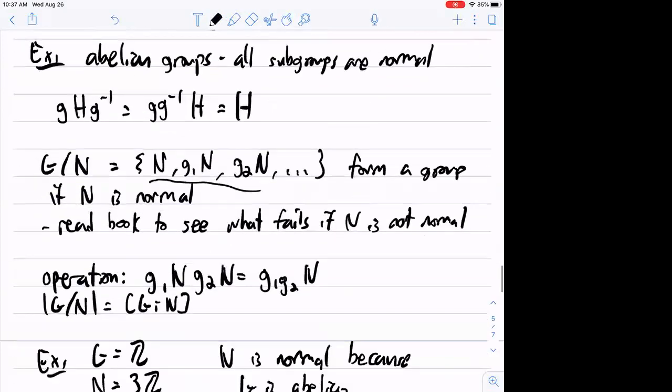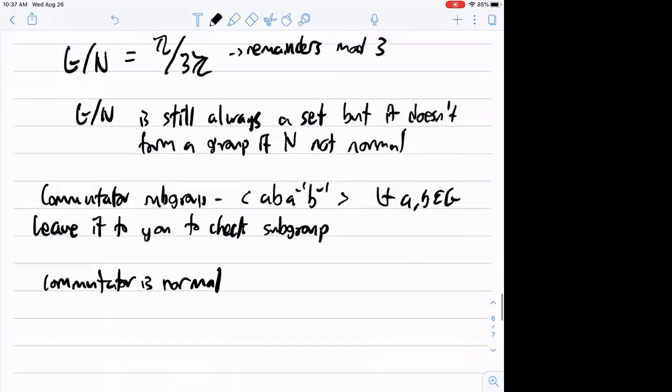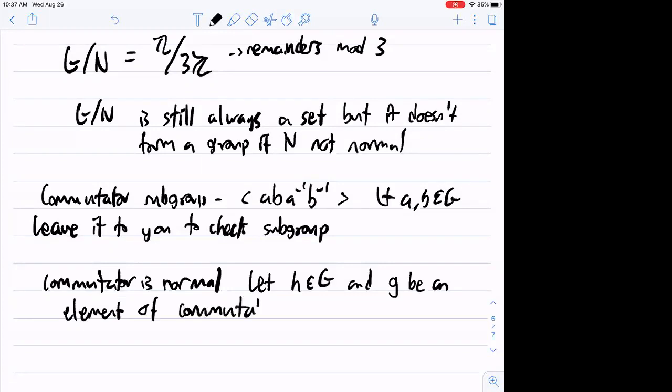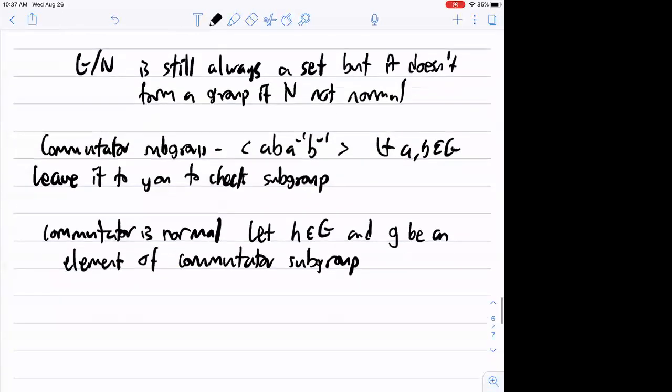Let g be in G, and let h be an element of the commutator subgroup, assuming you prove that it's a subgroup. I need to show g h g inverse is in the commutator subgroup.